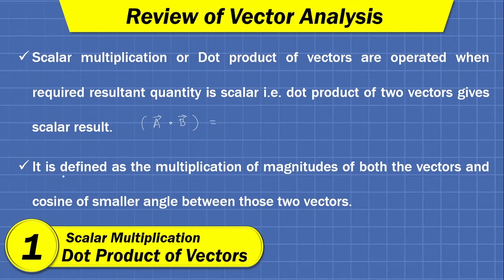It is defined as the multiplication of magnitudes of both vectors, so the magnitude of A multiplied by the magnitude of B, and with this multiplication we also need to multiply the cosine of the angle between these two vectors, let us say theta AB. Fine. So mathematically this is how the dot product of two vectors is defined.